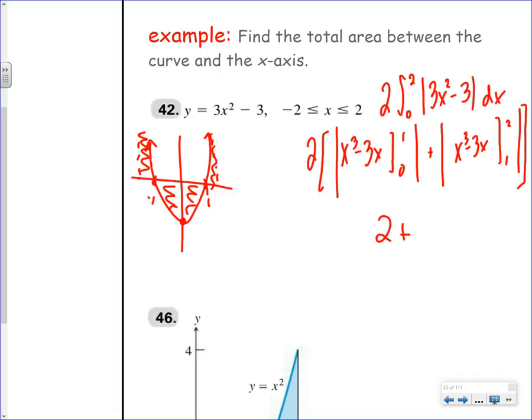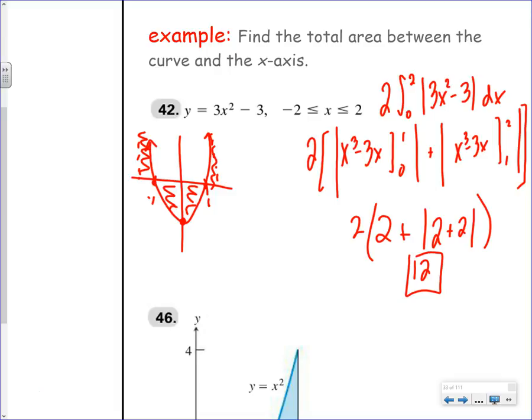Then we have 8 minus 6 is 2 again. 2 minus -2? Double check. 8 minus 6 would be 2. Plugging in 1, that'd be 1 minus 3, which would be plus 2. Right? So that'd be 4 and 2 is 6, and 6 and 2 is 12.